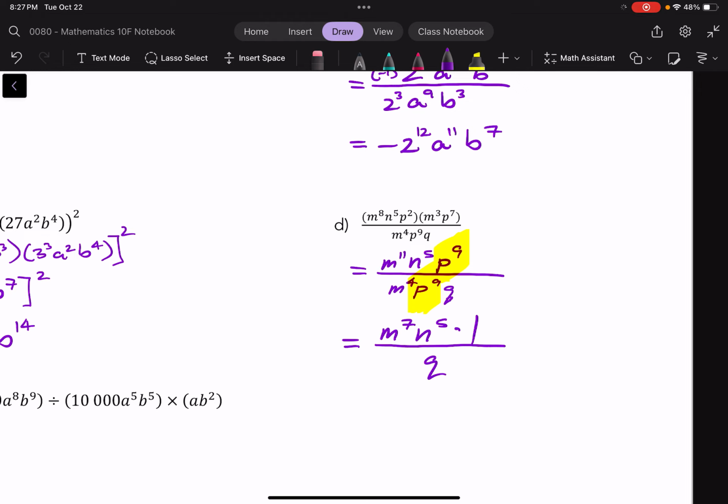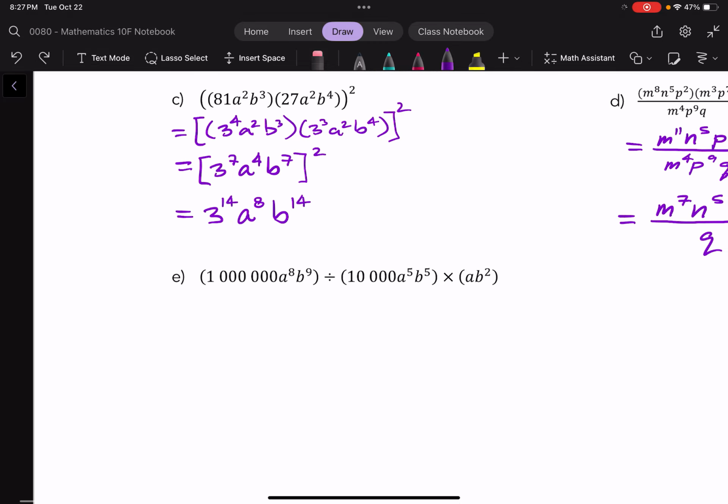But we don't really write multiplication by 1. The other way to look at that would be to say, hey, 9 minus 9 is 0, but anything to the power of 0 is 1. So again, we should leave that in the best form, not really written in. And there's our final answer.